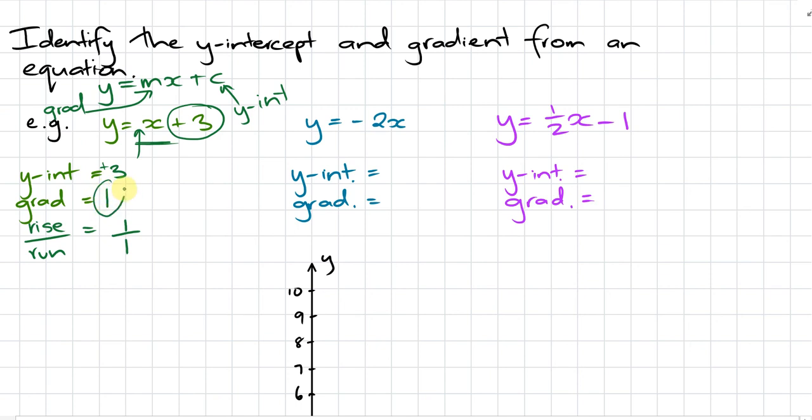So in that form, we can what we call step out our gradient. That top number means I'm going to go up 1, and the bottom number means I'm going to move to the right 1. So I'll go up 1 to the right 1, up 1 to the right 1. That's what I mean by step out the gradient.